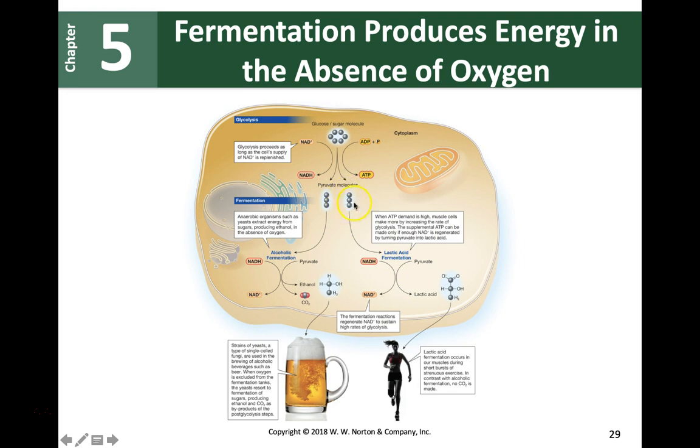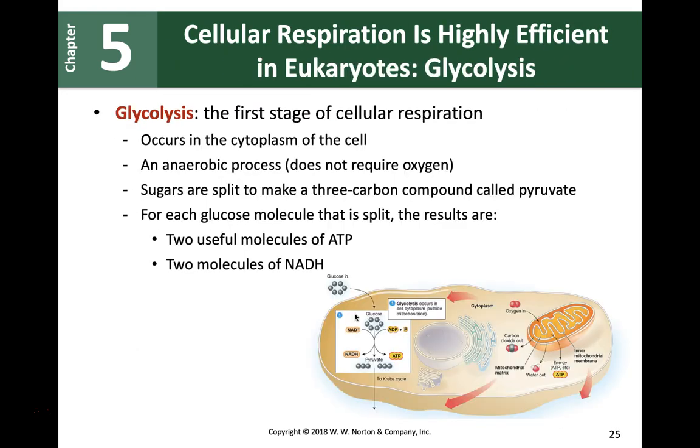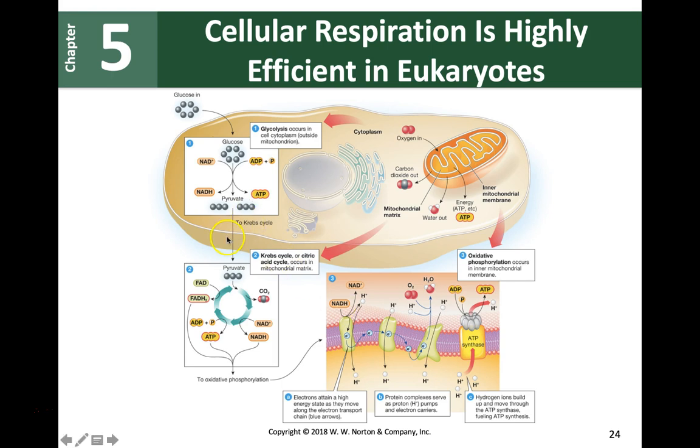what happens here? You take the pyruvate and change that to lactic acid. What has that accomplished? Why do we need to do this, guys? We need to do this because this changes NADH to NAD+. Now, what is great about that, guys? If you change NADH to NAD+, do you need NAD+ for running glycolysis? Yes.